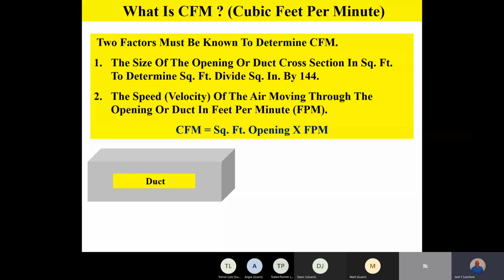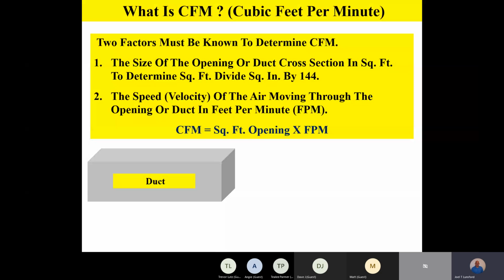I know up north we have multiple returns in homes, but a lot of times down here in the South, we'll just have one big return grill for the whole house, sitting in a hallway. And so in this example, that 30 by 30 grill would probably be something you'd find on a 4-ton unit if you had just a single return.